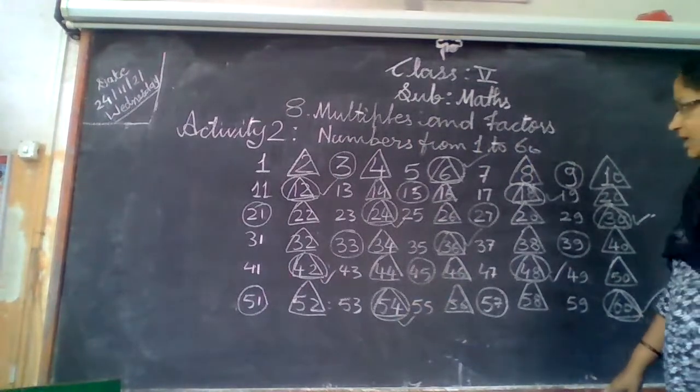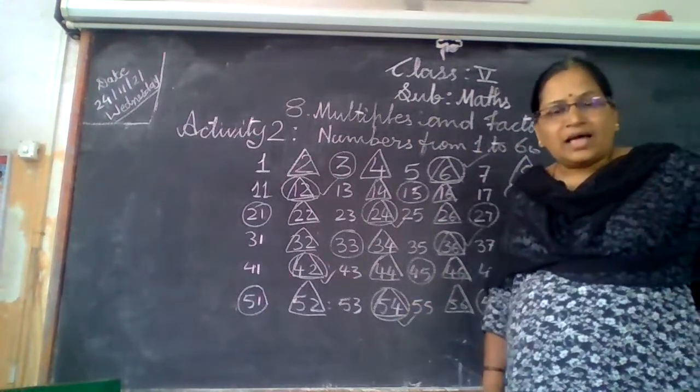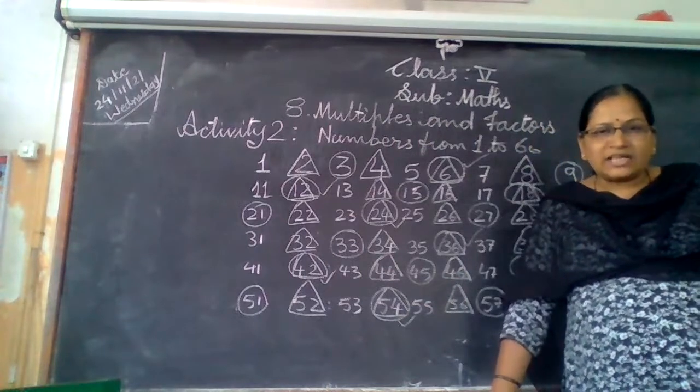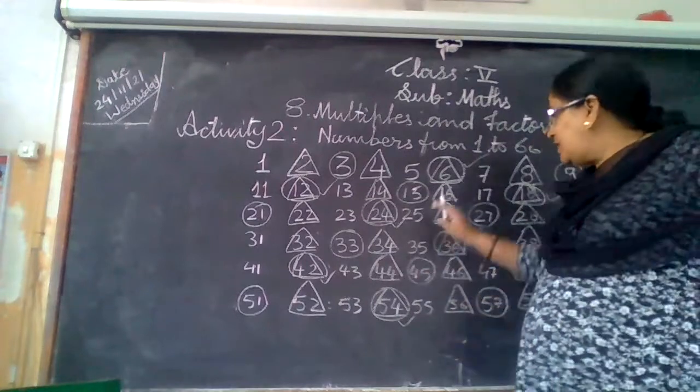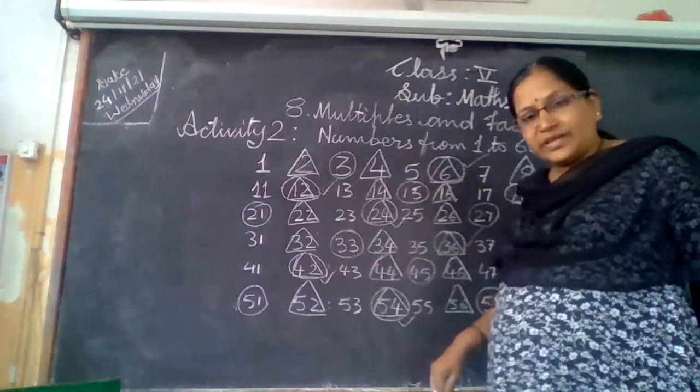So what are these numbers, beta? They are having circles as well as triangles around them, and they are the multiples of 6.